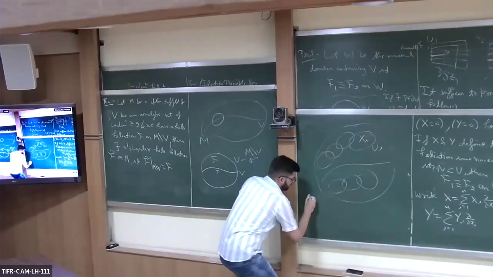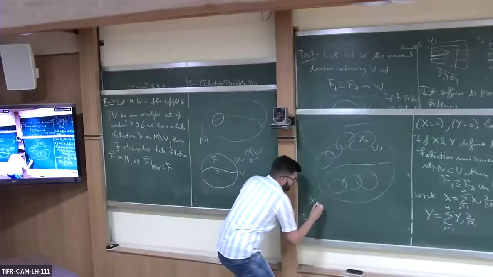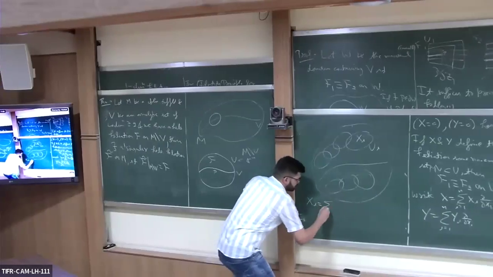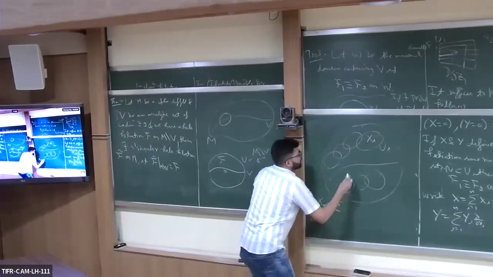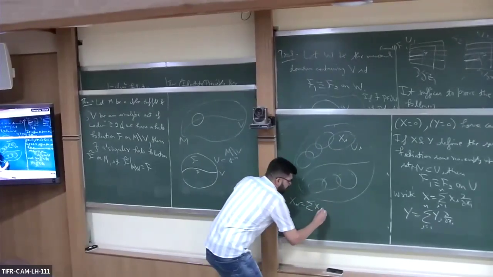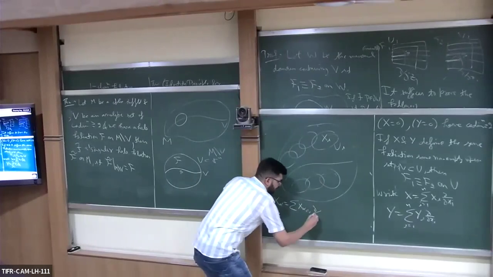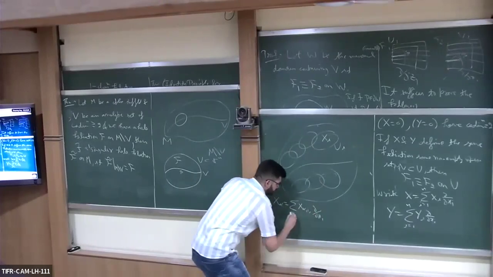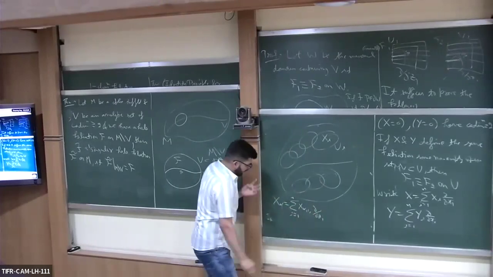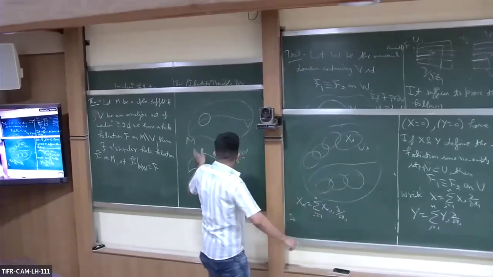Since it is in Cn, I can write my vector field X alpha as X alpha 1 times del by del x1, and so on, in the coordinates.